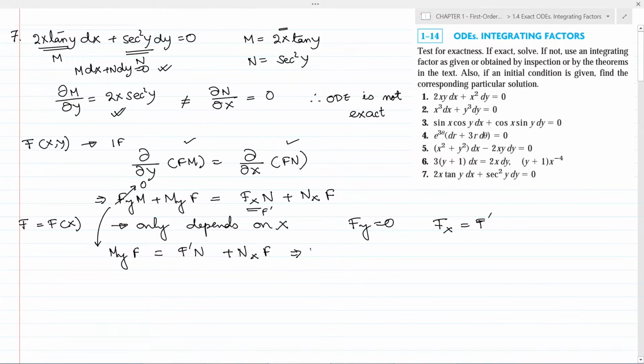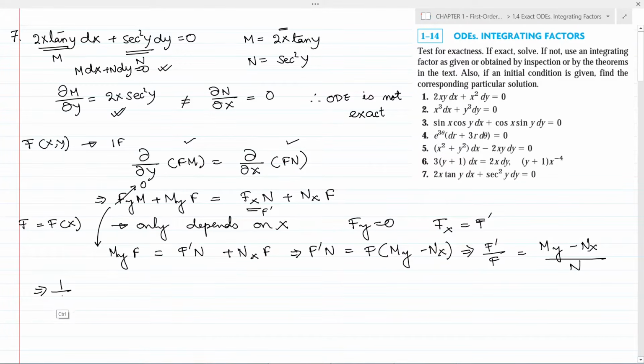This implies f dash N equal to f whole into (M_y minus N_x). We can rearrange this equation and write f dash by f equal to (M_y minus N_x) divided by N, and this f dash can be written as df by dx.